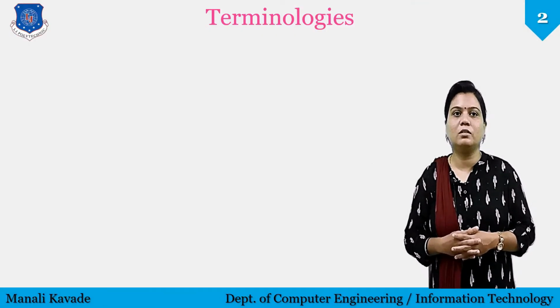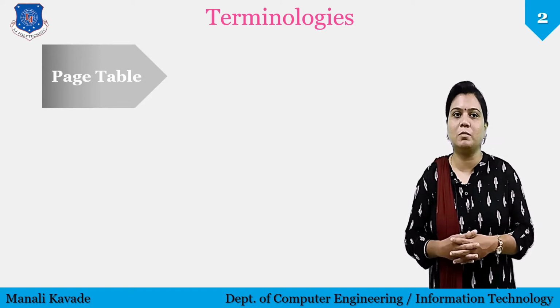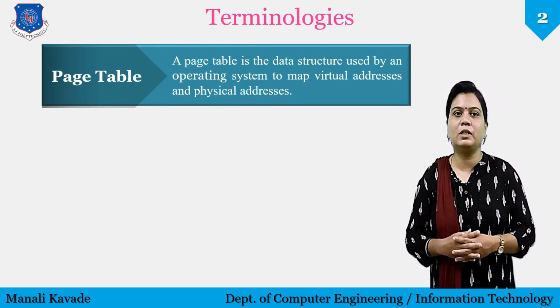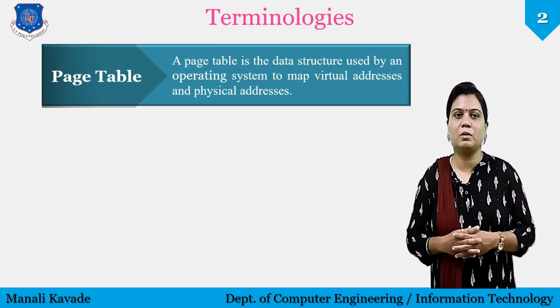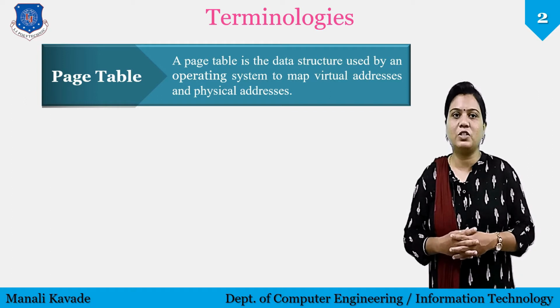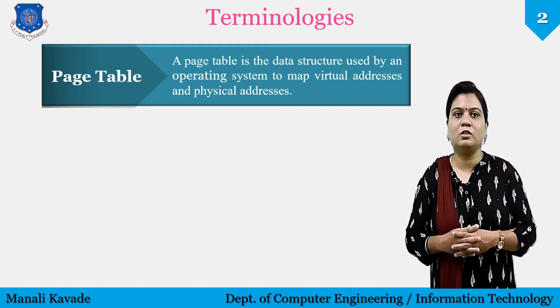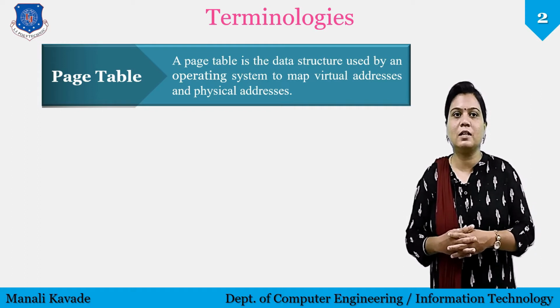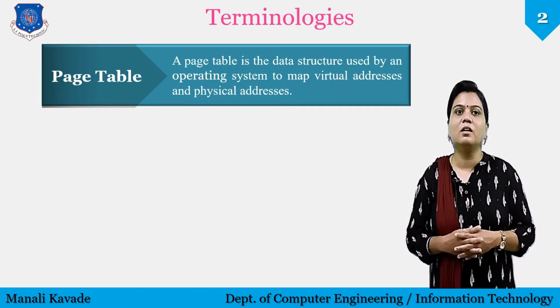Then after, next terminology is a page table. Operating system maintains one table which is called as a page table for each and every process. A page table is a data structure used by an operating system to map virtual addresses and physical addresses.